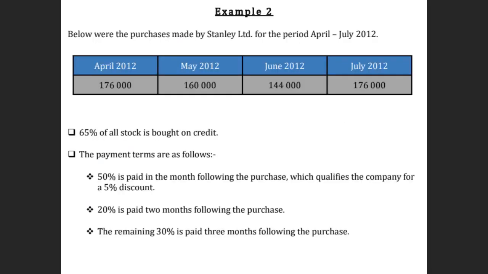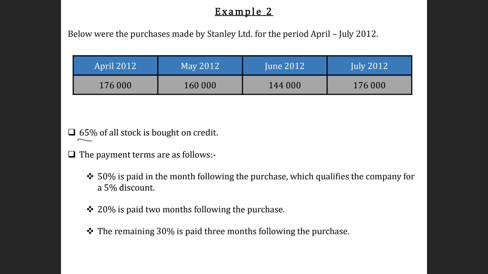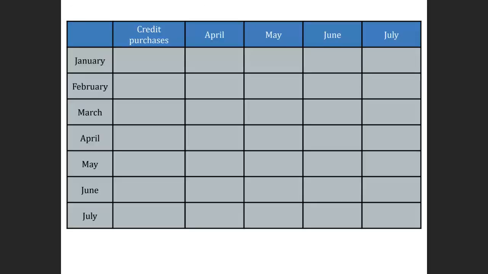So to work out your credit purchases, 65% of it was on credit. So you're going to take all of these figures and multiply each of them by 65%, as well as the ones on the previous page, all of these multiplied by 65%, and this will tell you your credit purchases.